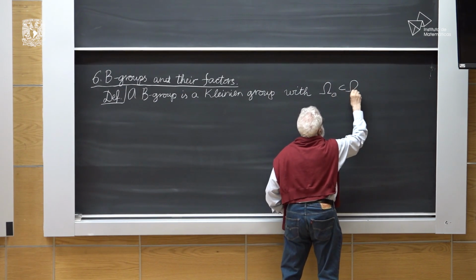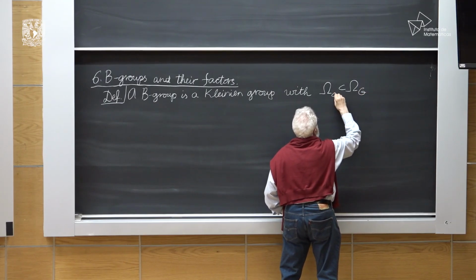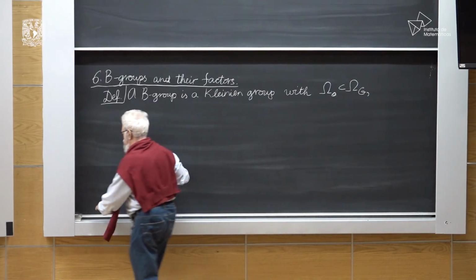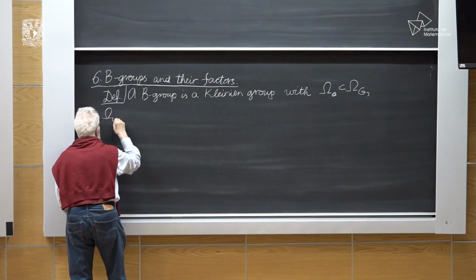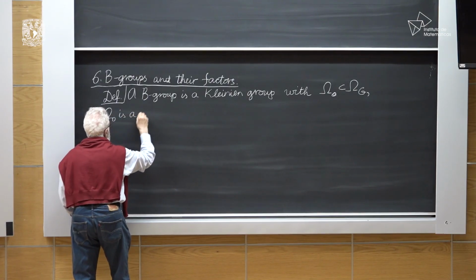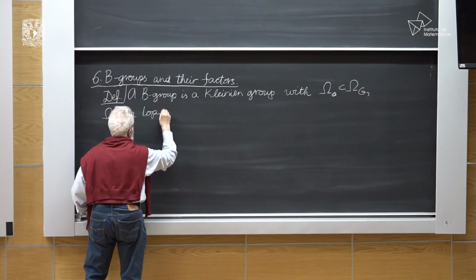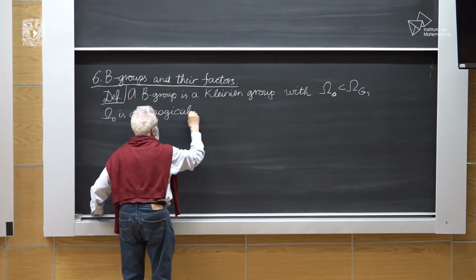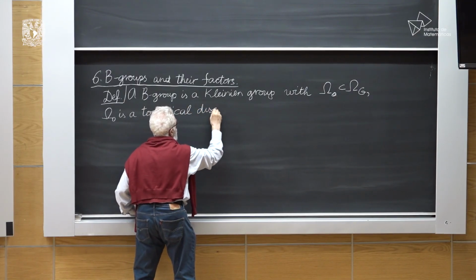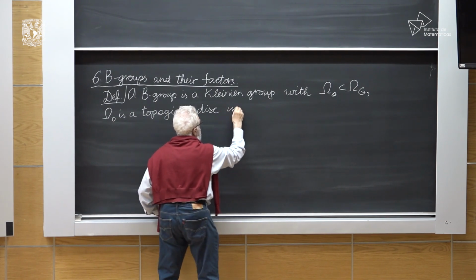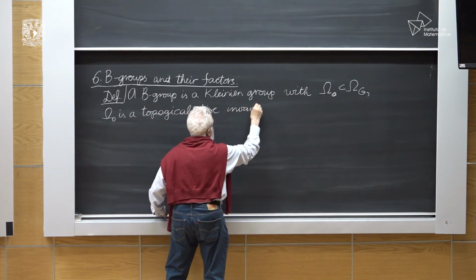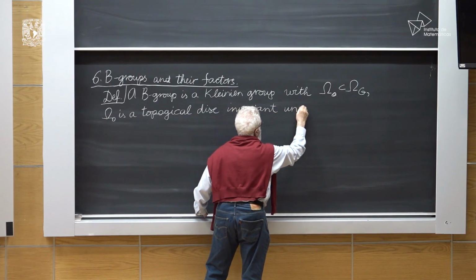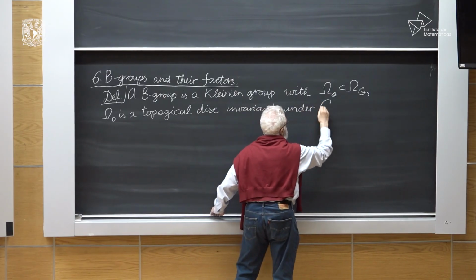The discontinuity set contains a domain omega 0. Omega 0 is a topological disk invariant under the G action.